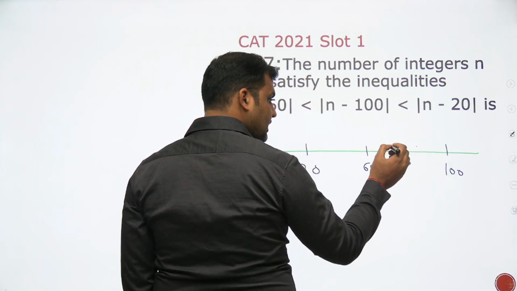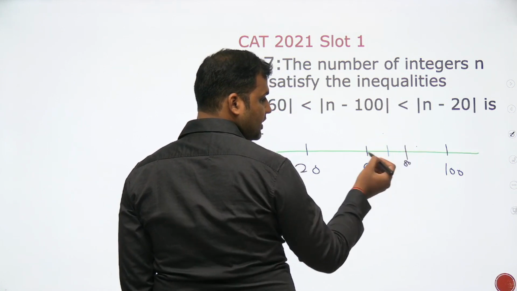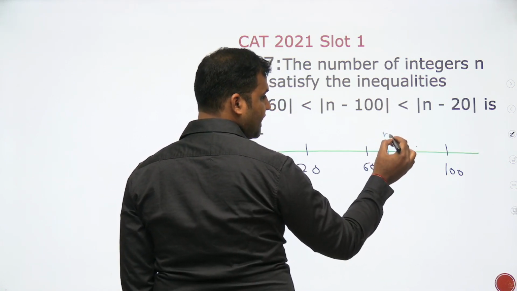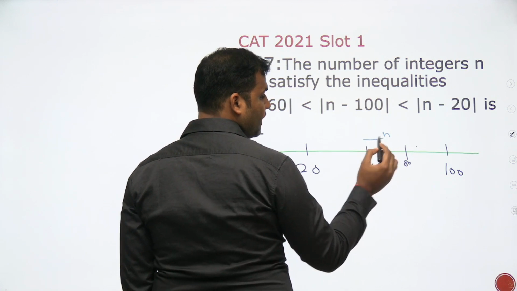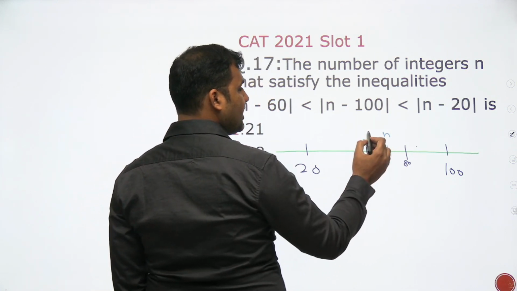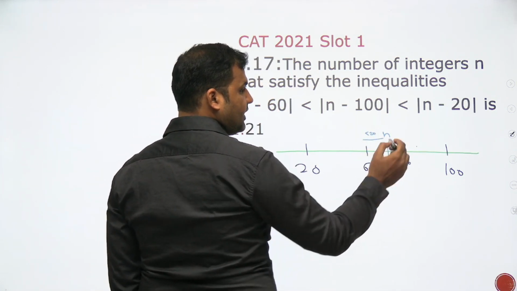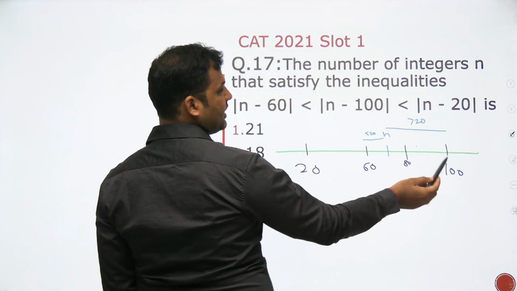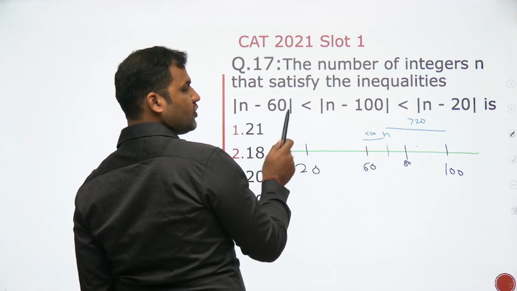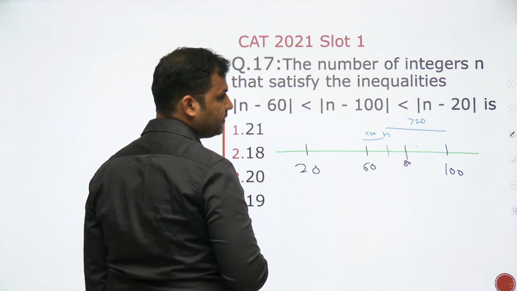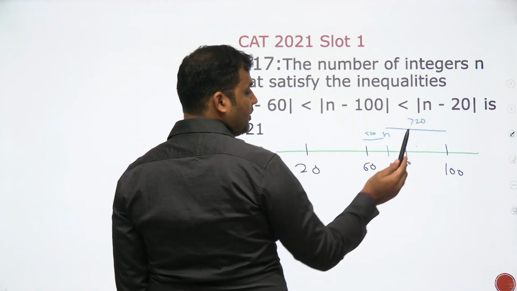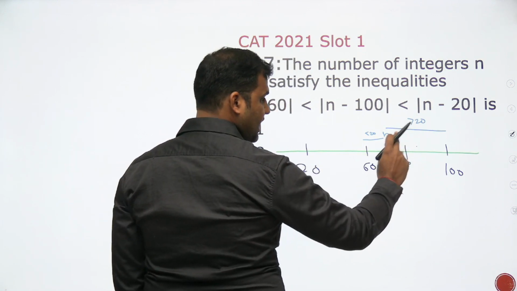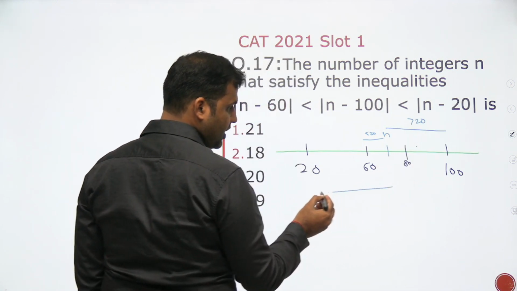Now, if I take the different value of n in this region, in the region of 60 to 80, right? So see that distance of n from 60 would definitely be less than 20. And the difference of n from 100 will definitely be more than 80. So n का distance 100 से would be more than distance of n from 60? Yes. Okay. And now, क्या ये distance n का 100 से 20 से कम होगा? Yes.